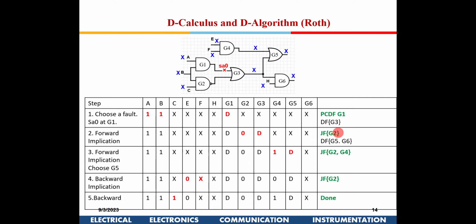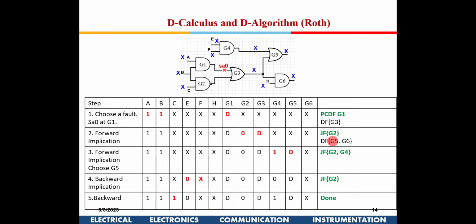For any gate to be eligible for the J frontier, the condition is that any one input is unknown. That means if it is in the J frontier, we need to assign it. We can't leave it like that at the end of the algorithm.